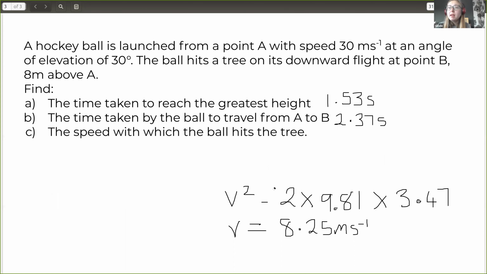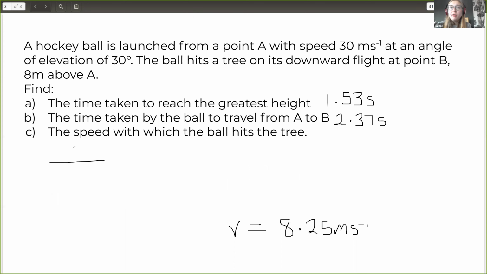So that still remains as our 30 cos 30 from the beginning. So we've got 30 cos 30 horizontally, and we've got 8.25 vertically, and we want to know the actual velocity, which I will label as a big V.